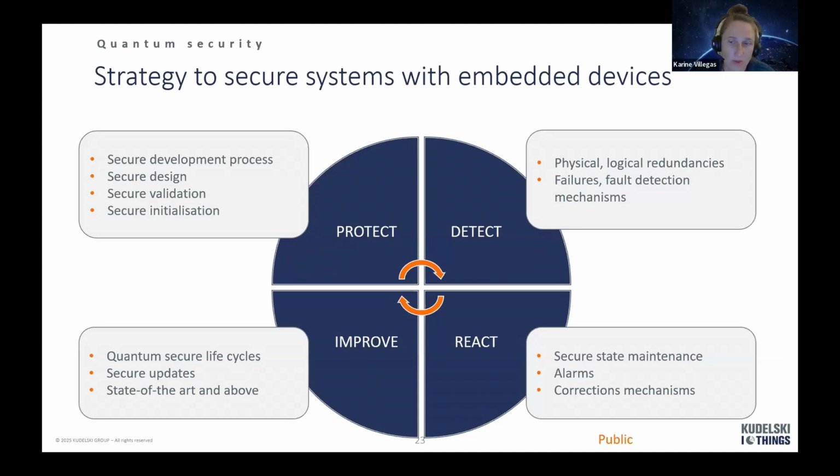So previously it was a secure state for the algorithm, and it could be a secure state until we receive the secure updates, or if not possible, improve the design for a future deployment.